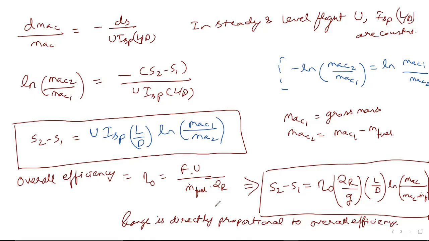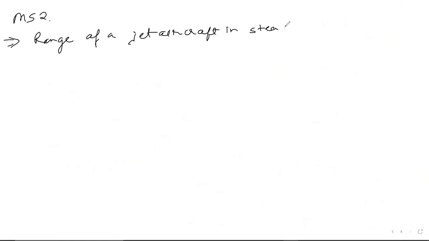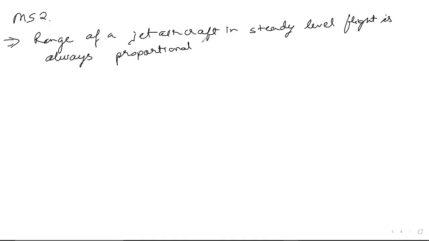Okay, like I can say now, there are four options. Let me give you this question itself. Suppose there is an MSQ question: the range of a jet aircraft in steady level flight is always proportional to which of the following? Option A is specific impulse.